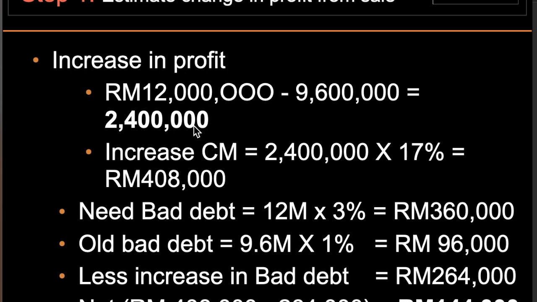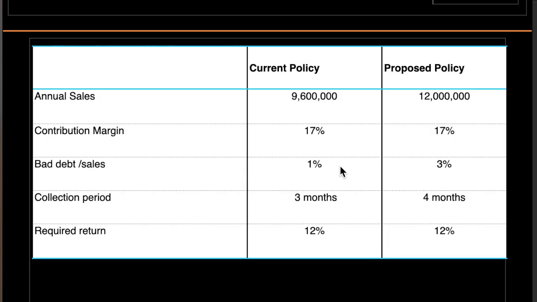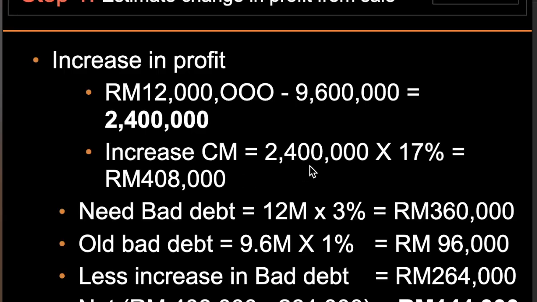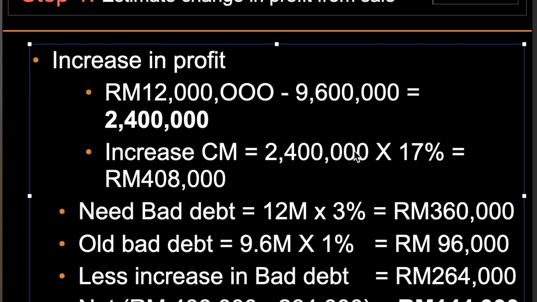Okay, that is our increase. So how do we get our increase in contribution? Remember, our contribution margin is 17%. So our contribution is, this increase amount multiplied by 17% gives us 408,000 ringgit, which is the increase in contribution margin.